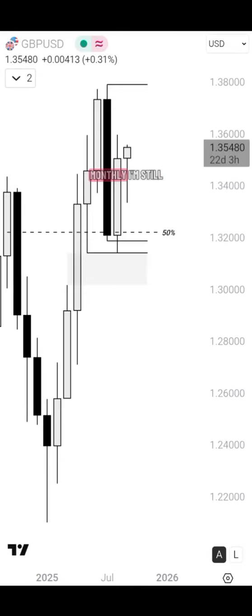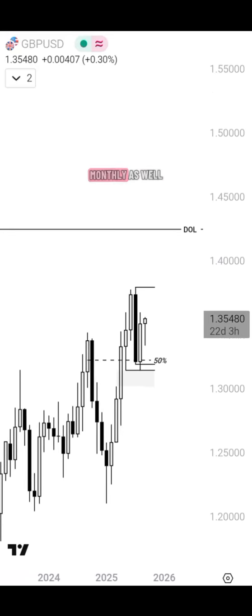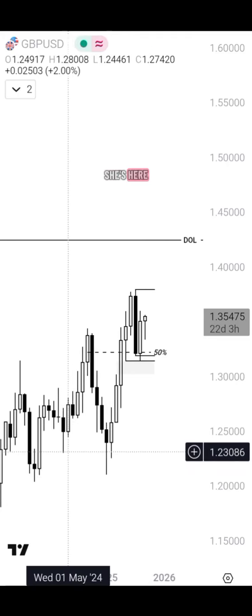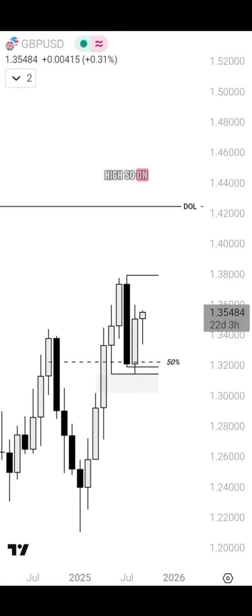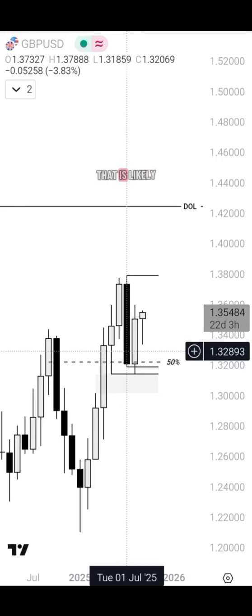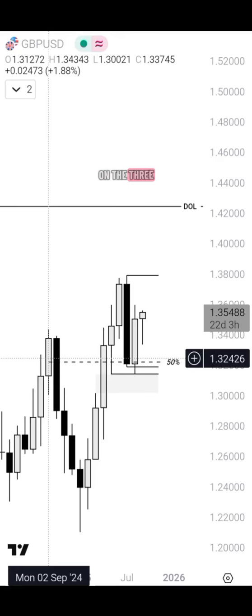On the monthly, I'm still looking for reasons why I should be bullish. And you can see on the monthly as well, we are still respecting old lows, which is here. We respected these lows and we're breaking above the high. So on the monthly, what is the key level that is likely to be used? You can see this breaker here, the same thing on the 3-month chart.